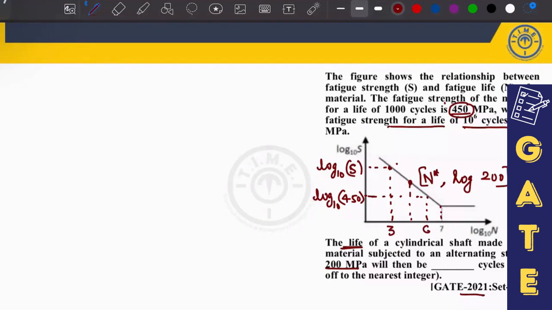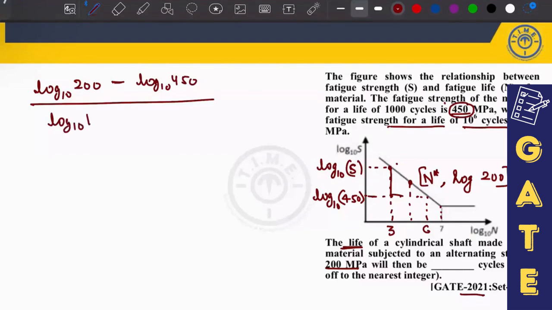Very good, Shubham. 163840 is the correct answer. Again, you have to consider this particular triangle, the outer one and the inner one, which is nothing but the log of 10 is 200 minus log of base 10, 450 divided by log of base 10, which is nothing but 150.